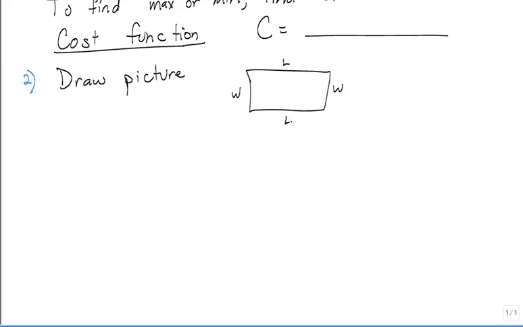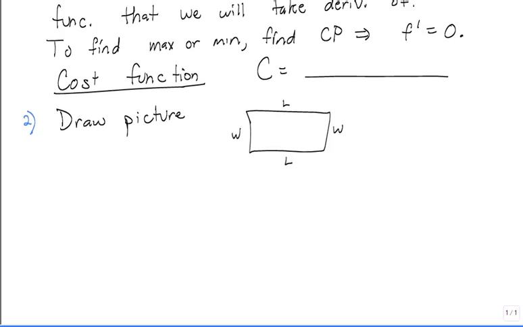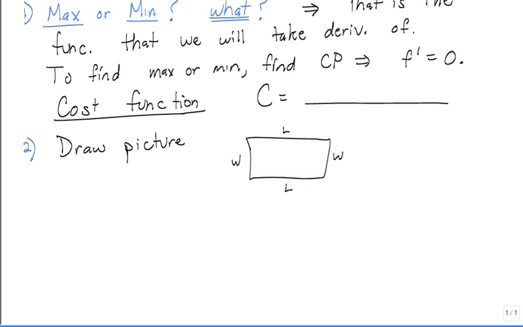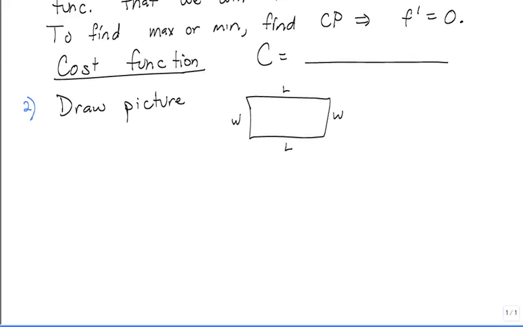Now, 3 of these sides cost $2, and one costs $6. So when you're fencing a field, we're dealing with the perimeter. So you have to realize that fence means perimeter. And a perimeter of the field is all the sides added up.